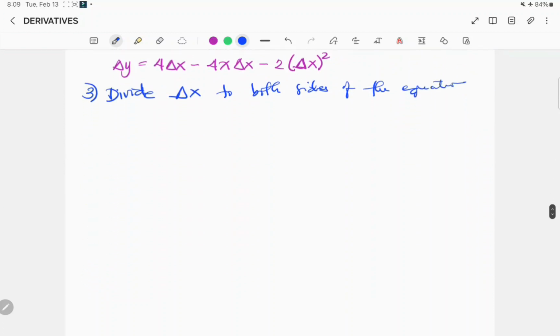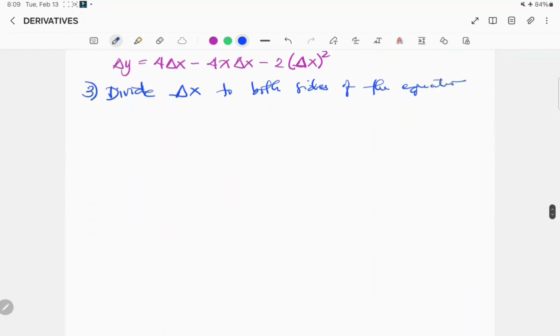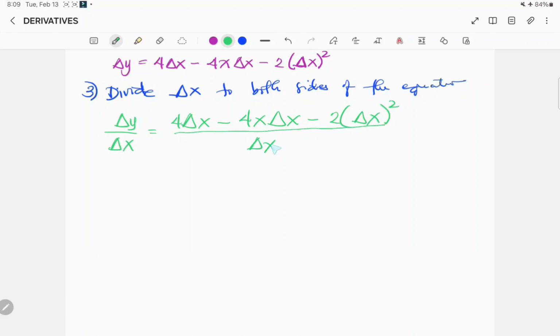So dividing this last line of solution by change of x will give us change of y over change of x is equal to 4 change of x minus 4x change of x minus 2 change of x squared over change of x. Then we simplify the right side again.